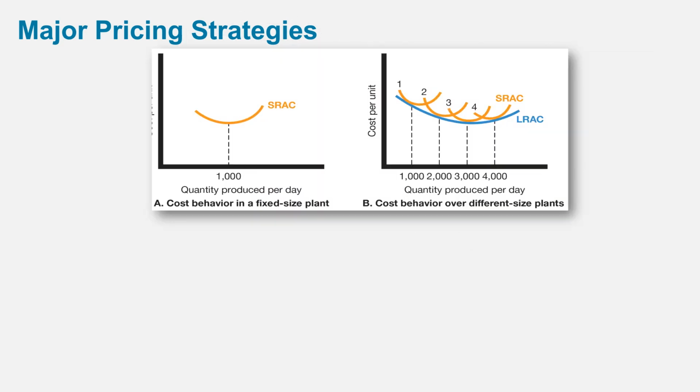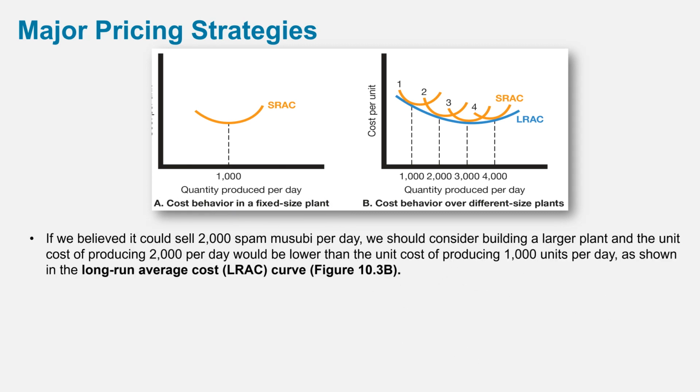Now let's take a look at, well, we did so great that we're going to make a facility that can create up to 3,000 musubis. From that perspective, the first year that we're in that facility, we go up to 2,000 spam musubis. So between 1,000 and 2,000, there's another curve. It goes down, it goes up again and goes down again. We can continue to do that until we hit full capacity, which is 3,000 spam musubis.